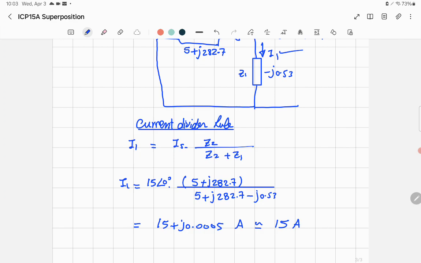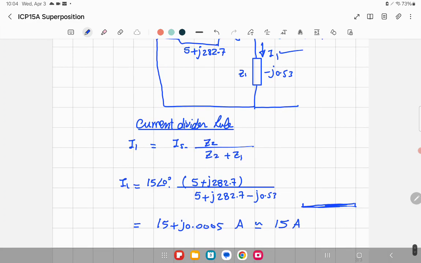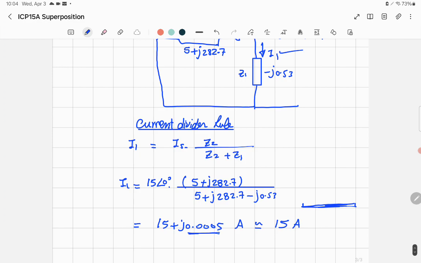You've got to take advantage of this, because if you have the real part 15 and the imaginary part is just like that, when you make the resultant, well, nothing, just nothing. So just make it 15 mA, which is acceptable, because this one is neglected compared to 15. That's 15 on angle 0, by the way.